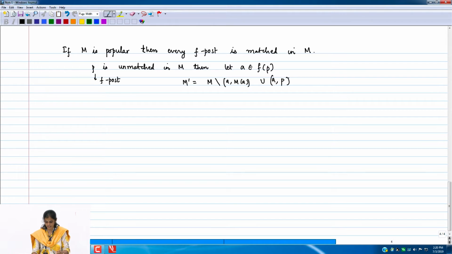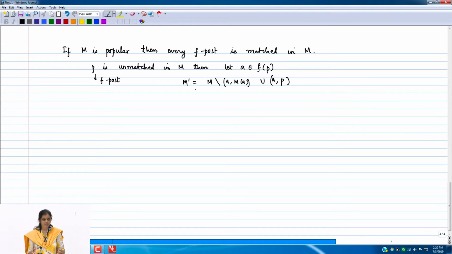If I add this edge to M after removing (A, M of A), then we know that M prime is more popular than M, therefore it violates the assumption that M is popular. So if there is a popular matching, it must match every F post.